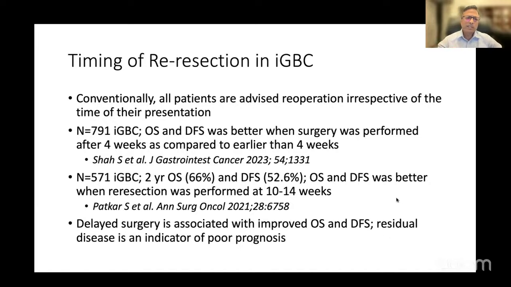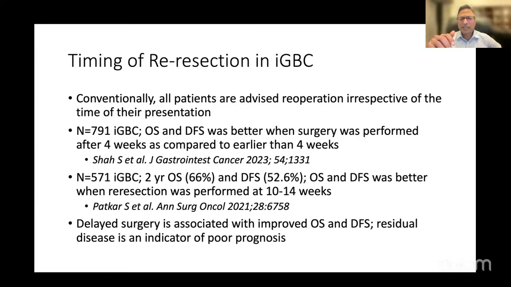This study from Shah from the United States has shown that surgery performed after 4 weeks has a better overall outcome. And a large series of incidental gallbladder cancer from Tata Memorial has also shown, surprisingly, that re-resection performed at 10 to 14 weeks has the best outcome.